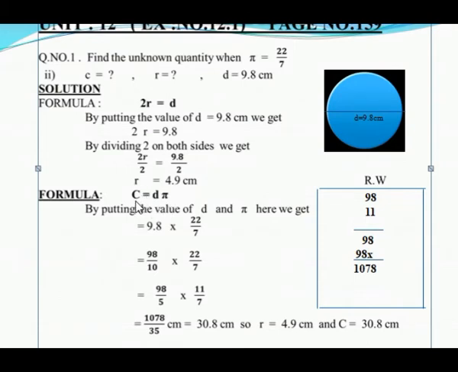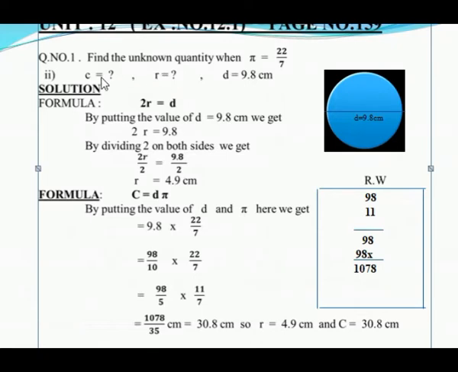Now for circumference, I am using the formula C is equal to D pi. Okay students, let me explain how we have to select the formula which we have to use here. Look, here I have used 2R is equal to D and here I have used C is equal to D pi. Why? Remember, we always have to use that value which is given to you. Like here D is equal to 9.8 centimeter is given to you.